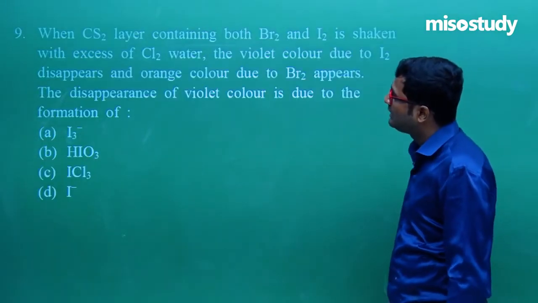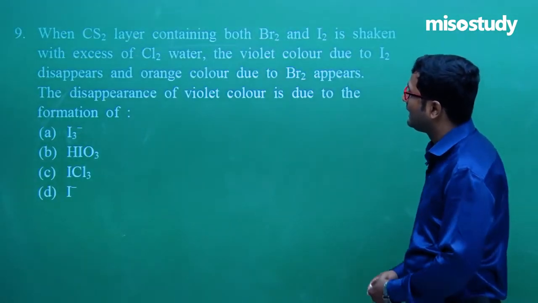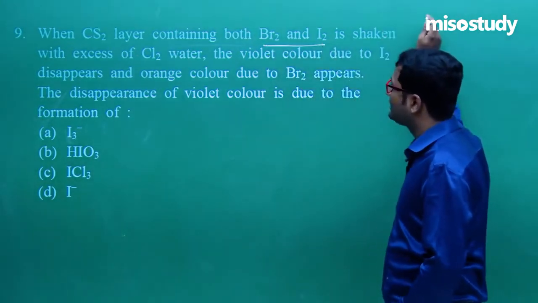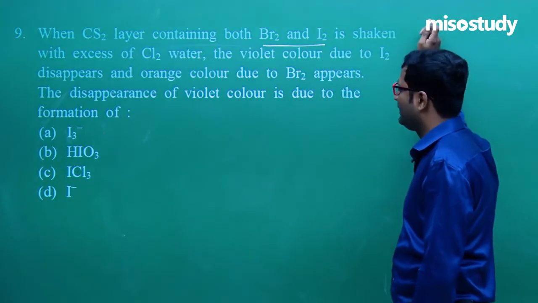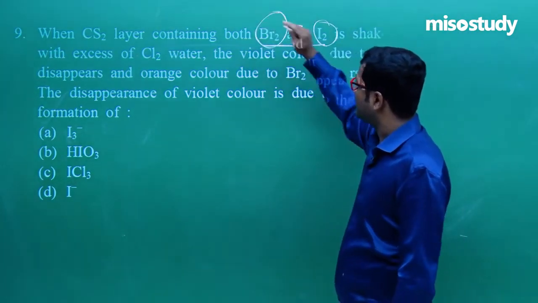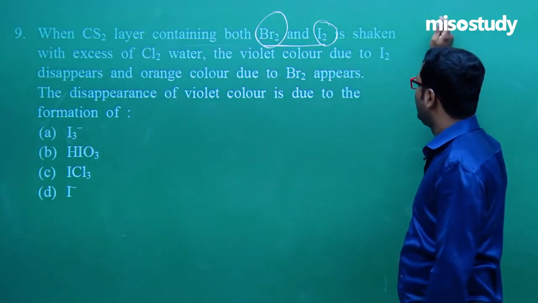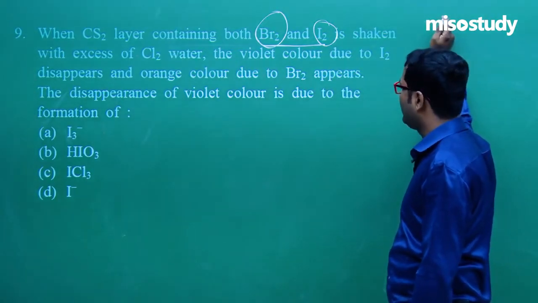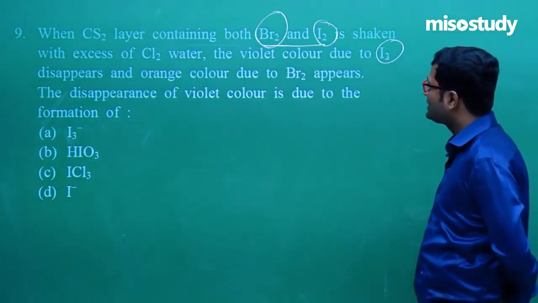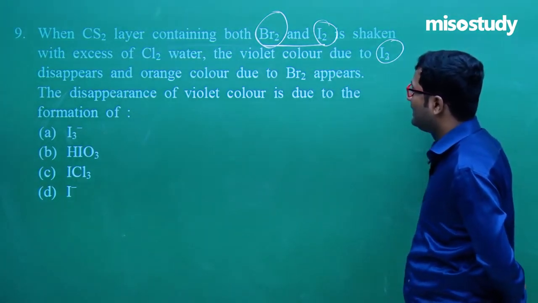What is question number 9? When the CH2Cl2 layer containing both Br2 and I2 is shaken with excess of Cl2 water, definitely the violet color due to I2 disappears, and the orange color due to Br2 disappears.